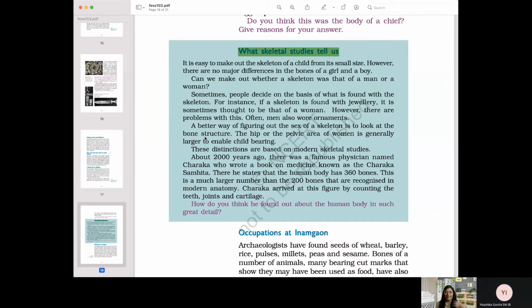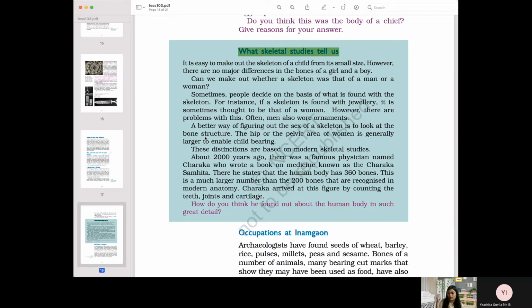Bodies are definitely different. But when you look at the skeleton system, it's just bones. Even men have 206 bones. Even a girl or a woman has 206 bones, right? So then how to check? Just think about the bones of maybe your mother and your father.